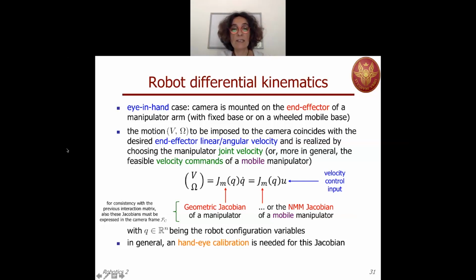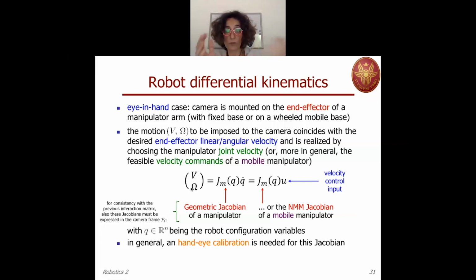For a manipulator with a fixed base, fully actuated, you know very well that the geometric Jacobian relates joint velocities to end effector velocities.